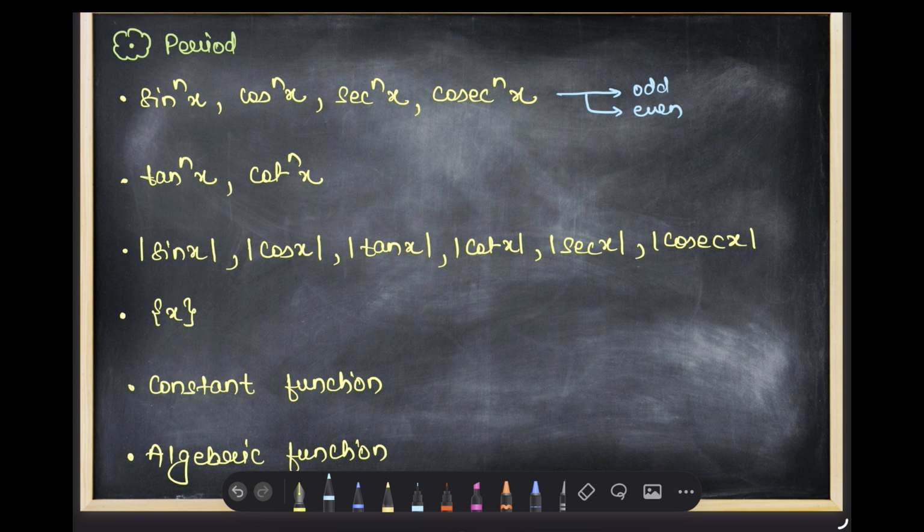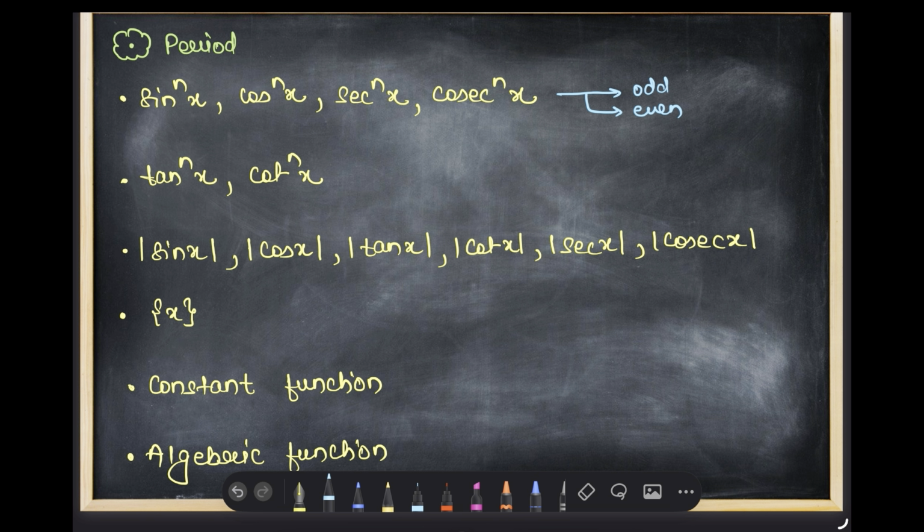If it is odd, just imagine the sine function: upper burger, lower burger, upper burger, lower burger. So can I say that two burgers will be the fundamental period?